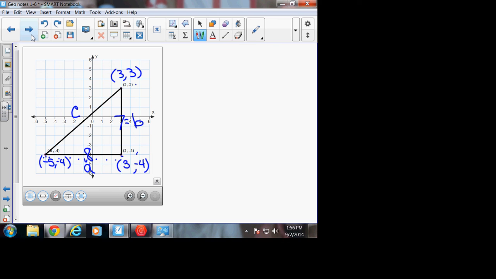Exactly. What's the easy way to find that? Mikey, how did you get 64 plus 49? Squared 8 and squared 7. Does this look familiar? Pythagorean theorem. Thank you, Mikey. If you have a right triangle, we have a squared plus b squared equals c squared. 64 plus 49 equals c squared. 113 equals c squared.